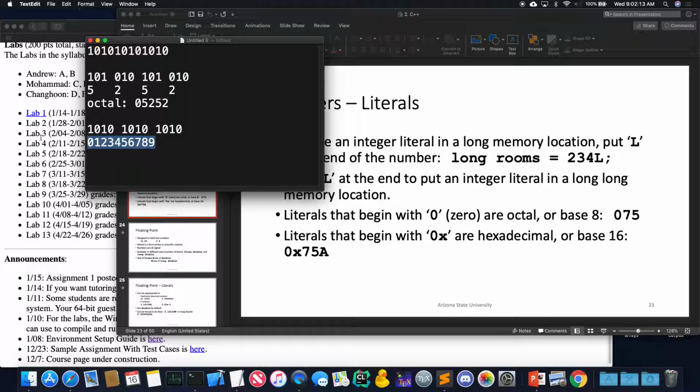So I have 6 to work with, and I don't have any other digits left. So what actually happens is that they start using letters, the first 6 letters. In hexadecimal, capital A represents 10 in decimal. Capital B represents 11, C is 12, D is 13, E is 14, I think, and F is 15.